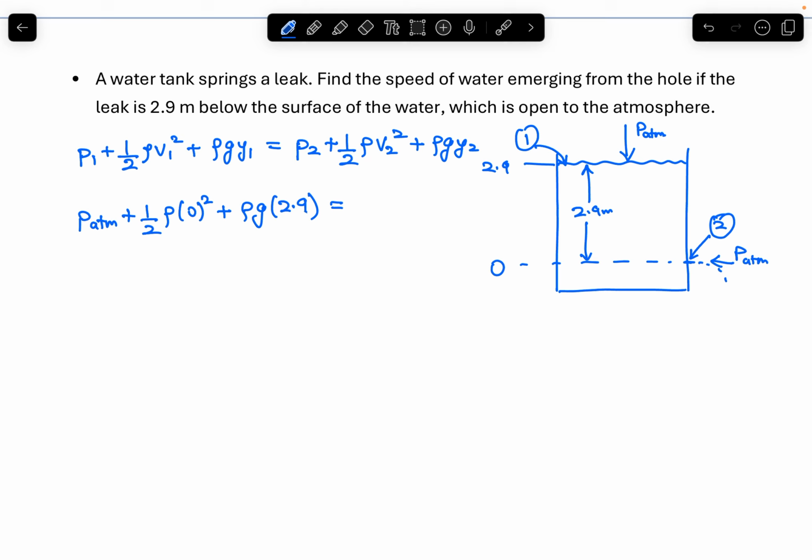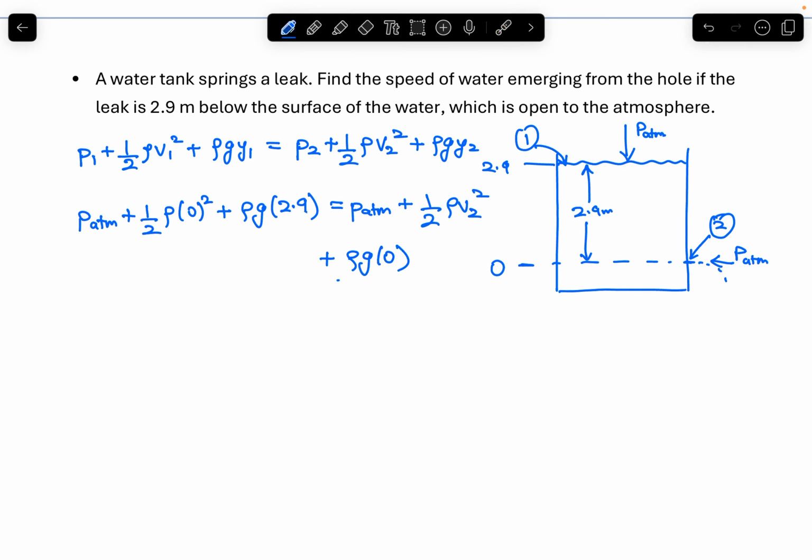P2 is again P atmosphere. The velocity is something, it's not 0, so I'll leave it at V2 squared, plus the height here is 0, as we considered the height at point 1 to be 2.9 meters. The height at point 2, where the leak is, will be 0.